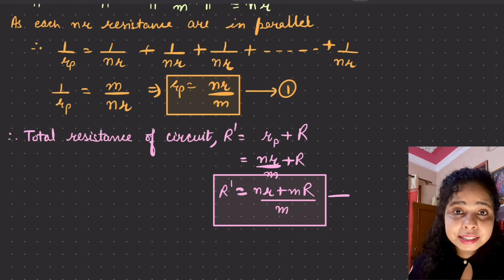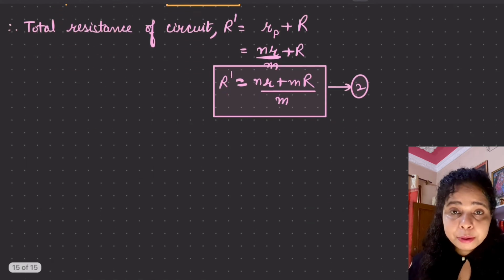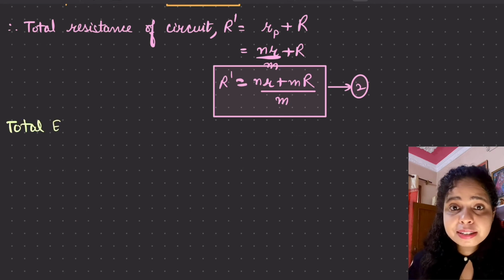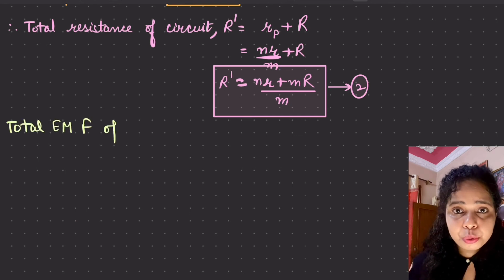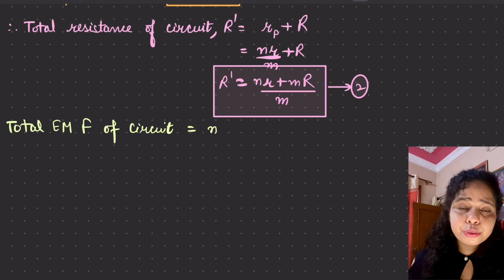First of all, we need to calculate the total EMF of the circuit. Now we have n number of cells connected in series in the first row. Therefore, in a series combination, we can add up the potential differences. That is what we are going to do here.